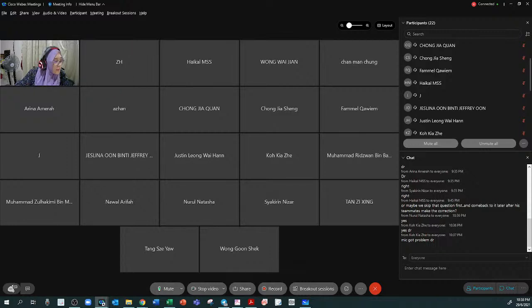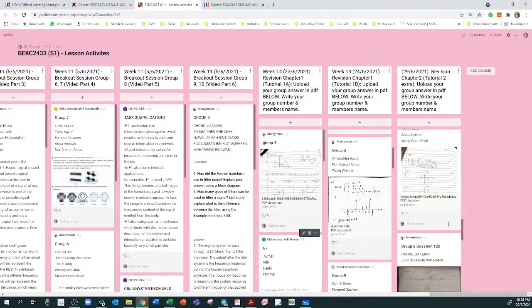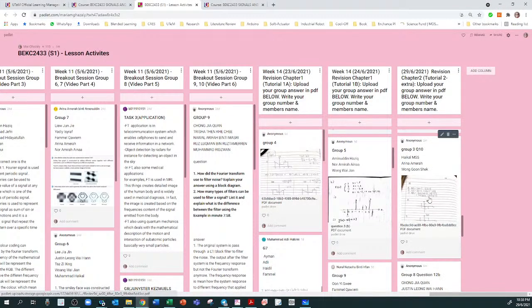Tan Zihui. Yes, madam. Oh, okay, Tan Zihui. Group 3: Haikal, Arina and Wong. Is Haikal here? Yes, here. Okay, Haikal, can you explain the answer? Sure.